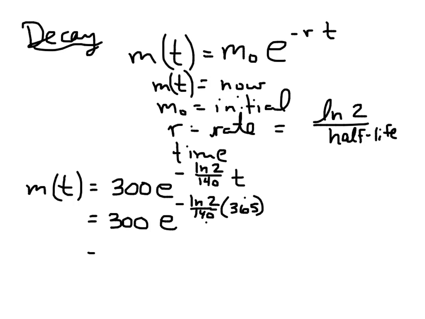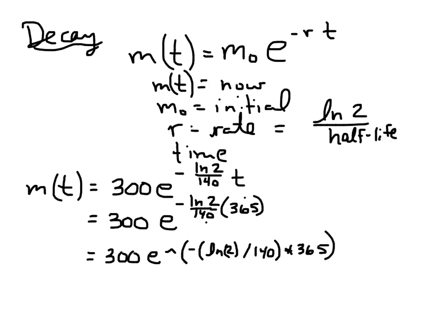So when you type that all into your calculator, and again I would type it like this, 300 e, which automatically gives me caret, parentheses, negative sign, parentheses, ln of 2, which automatically closes it, divided by 140, close it, times sign, 365, close it.